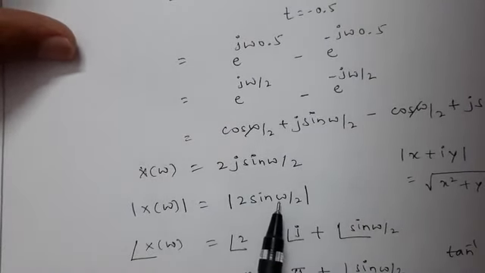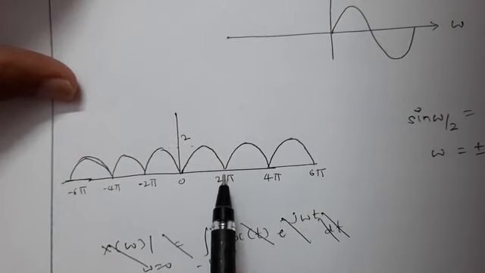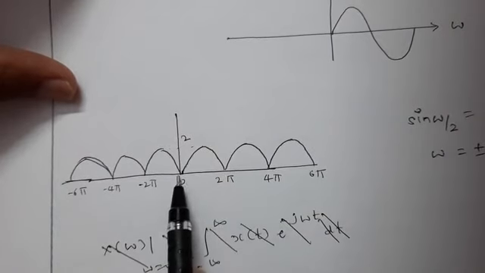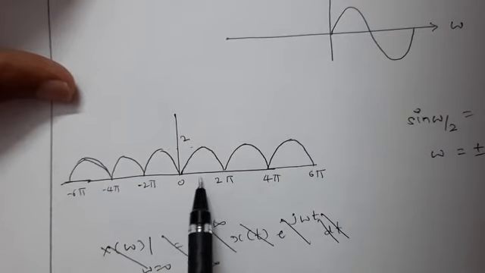So now at what values am I plotting? At omega equal to 2 pi. Sine of 2 pi by 2, sine pi, which is 0. Between 0 to 2 pi, what do you have?